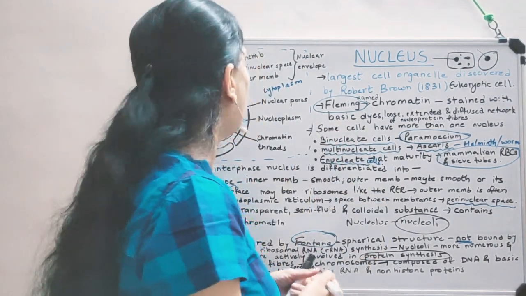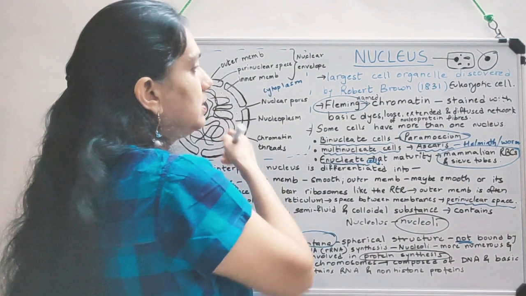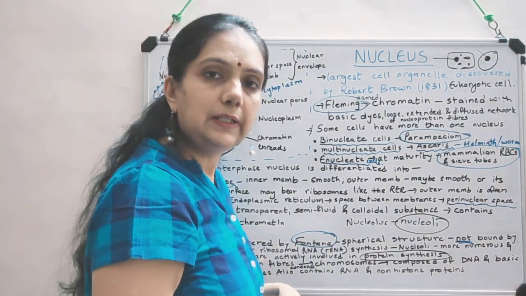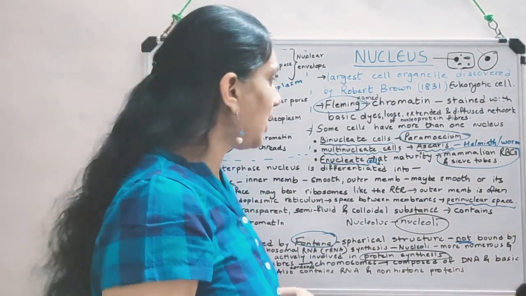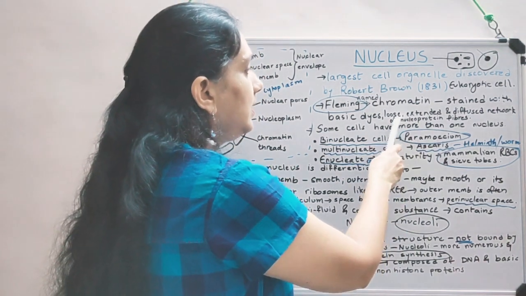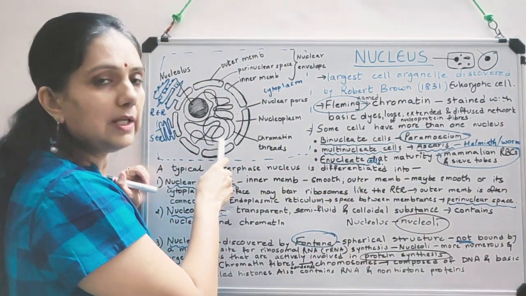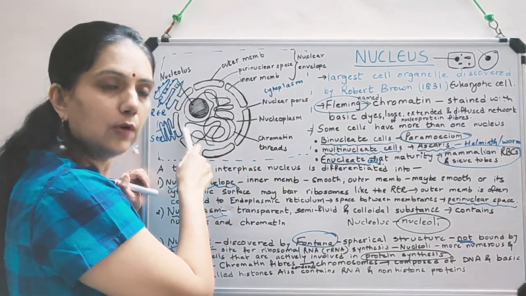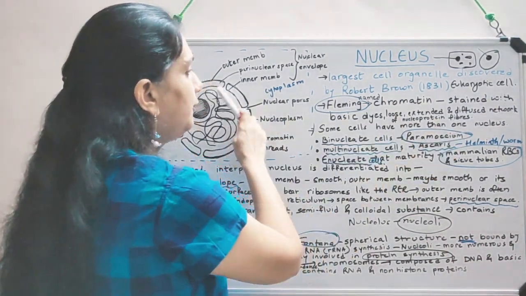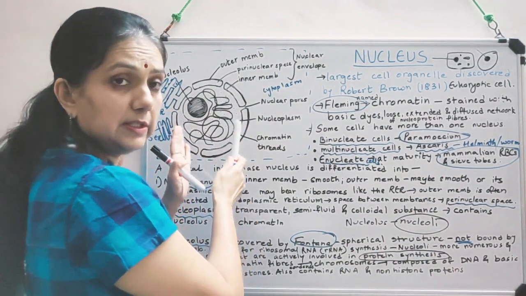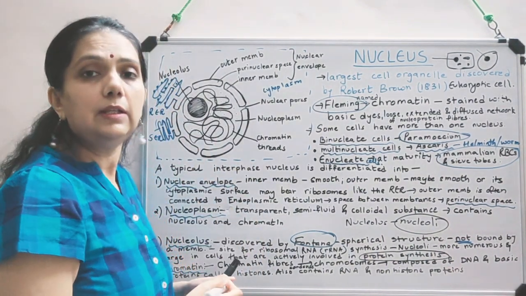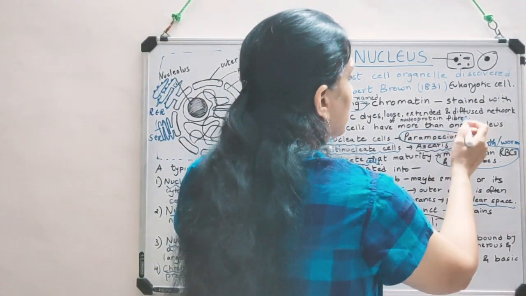So he called these fibers chromatin threads, chromatin fibers. They are loose, extended and diffuse. You can see they are loosely arranged, extended in the whole of the nucleoplasm. They are diffused and this forms a network. And what are they? They are nucleoproteins.